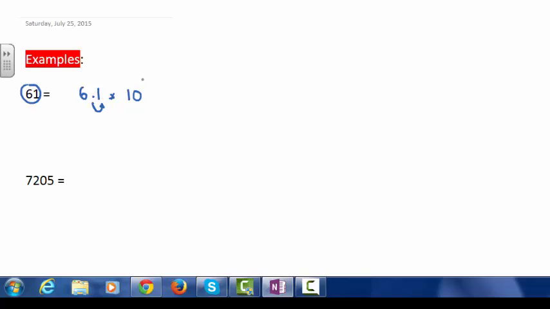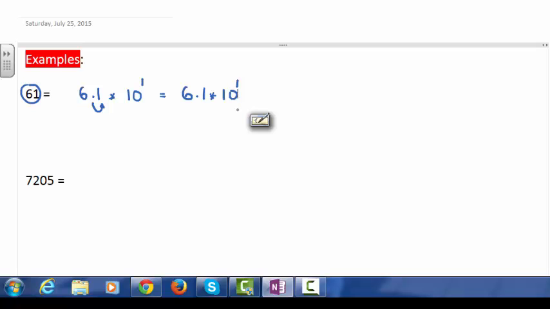That means 10 exponent 1. So again, 6.1 times 10 exponent 1 is equal to 61, and it is now written in the form of scientific notation.